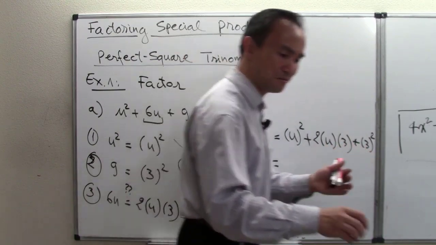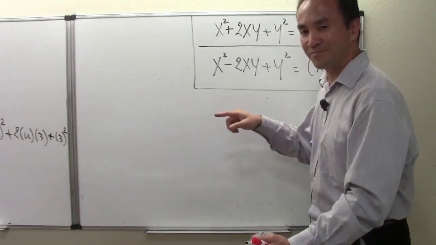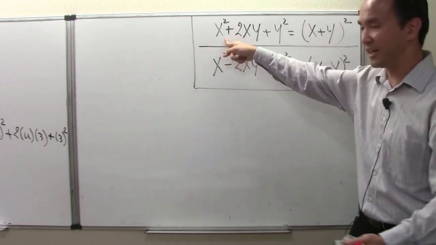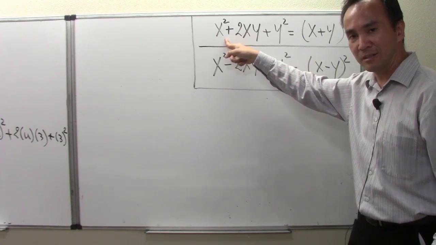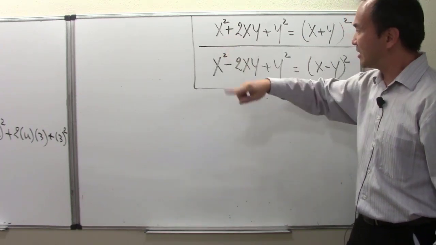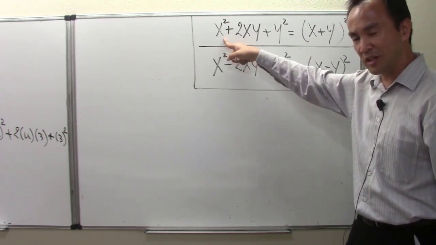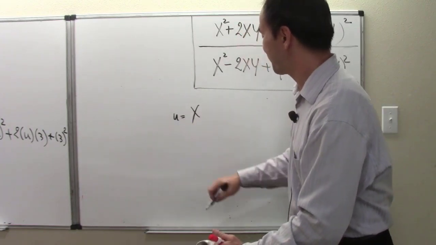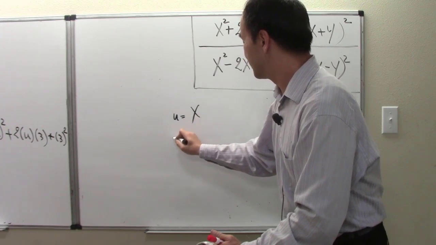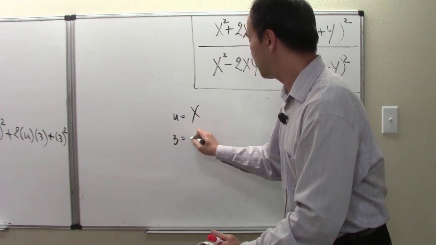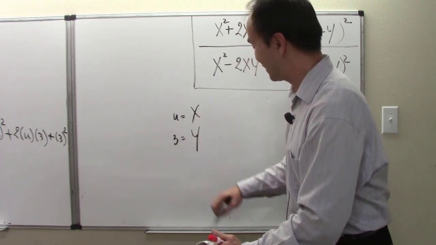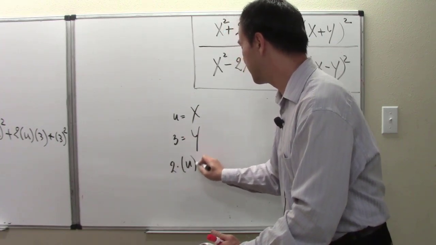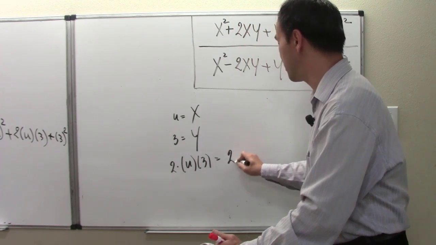Okay, so now, all right, this trinomial is the one that matches exactly with our particular problem. It's x squared, where the u was in place of the x, and the 3 was in place of the y. Then we got 2 times u times 3, and that is the same as 2xy.